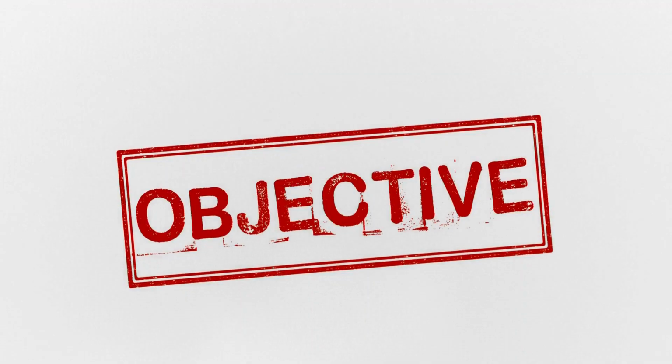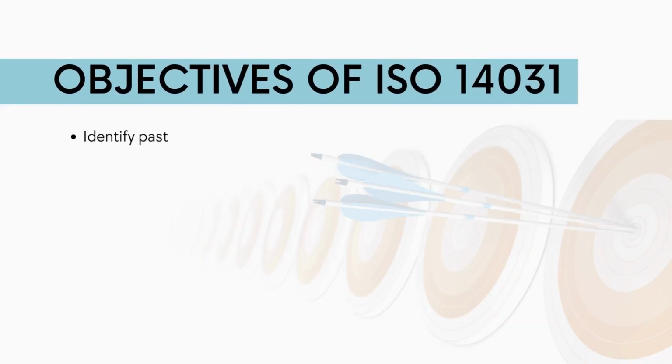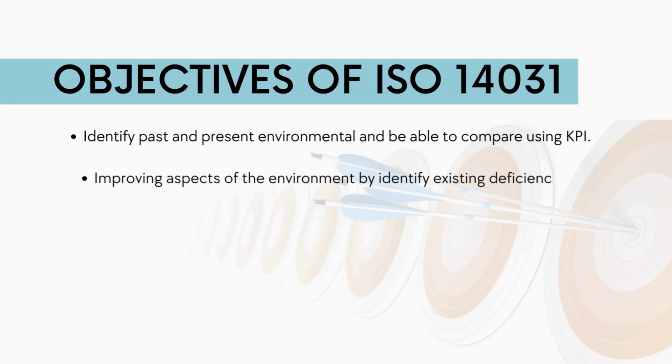Next, we move to the objectives of ISO 14031. First, ISO 14031 identifies past and present environments and can compare using KPIs. Second, improving aspects of the environment by identifying existing deficiencies.